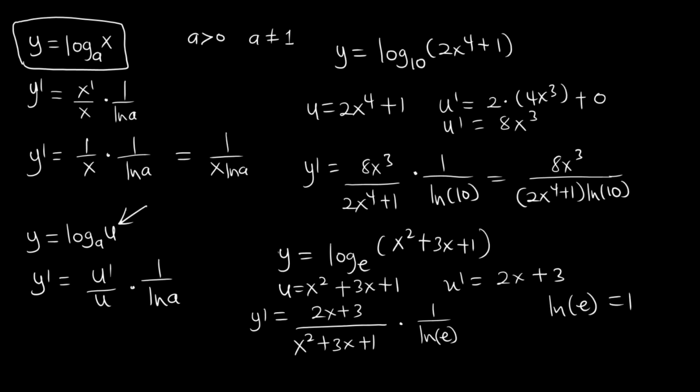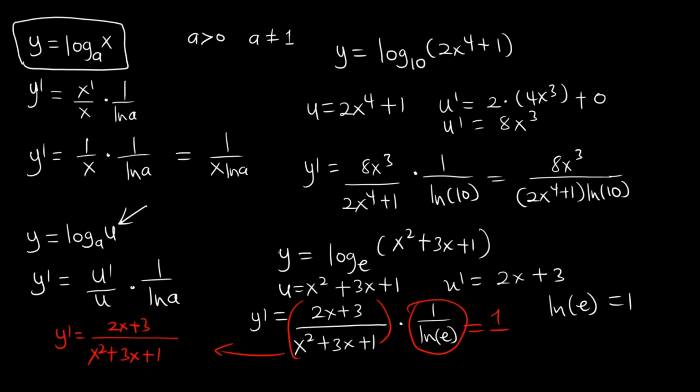So we have all this bracket multiplying 1, because what you have here will be equal to 1. And then y prime is equal to 2x plus 3 divided by x squared plus 3x plus 1. So that will be the answer for this question also.